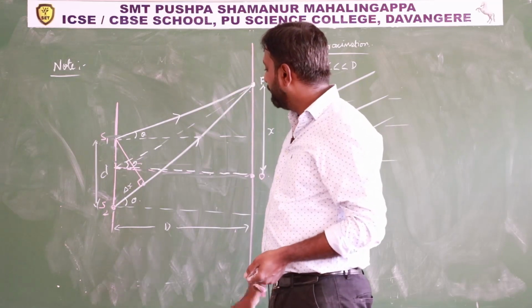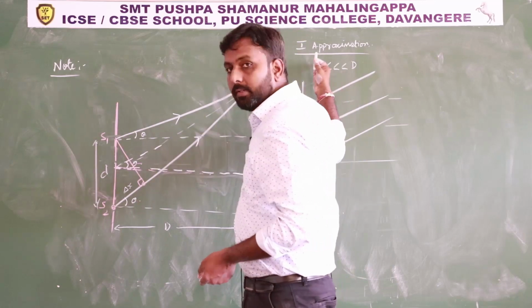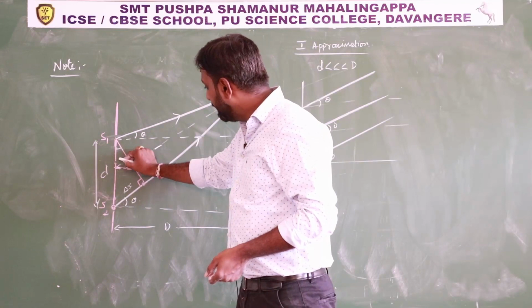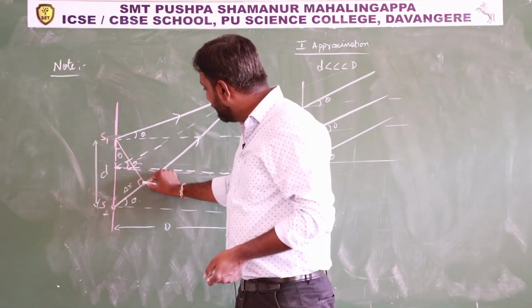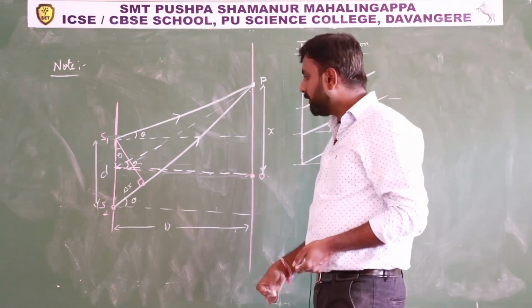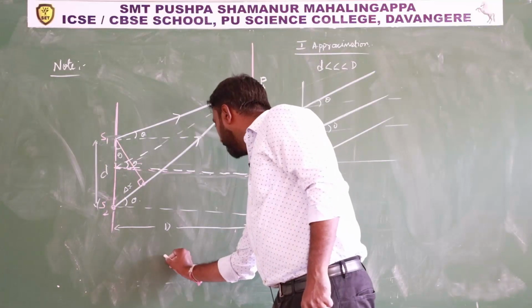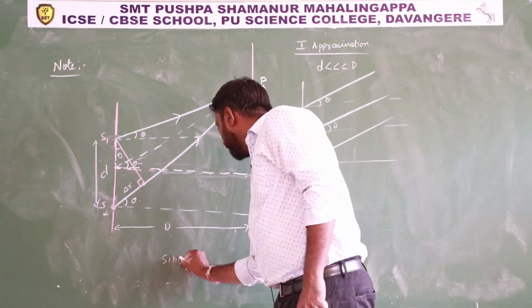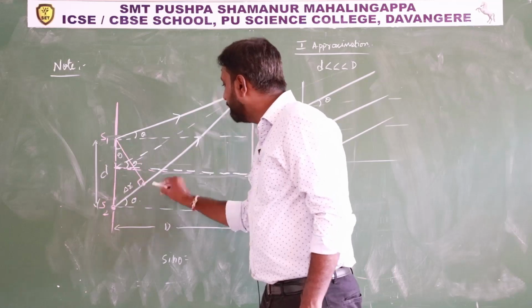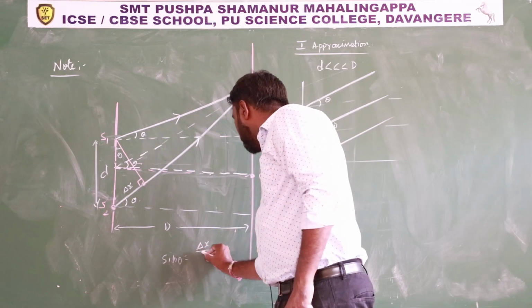Observe the diagram carefully. If this angle is theta, according to the first approximation, then in this triangle, this angle also comes to be theta. Then sin theta is equal to opposite by hypotenuse, the opposite being delta x, the path difference, divided by small d.